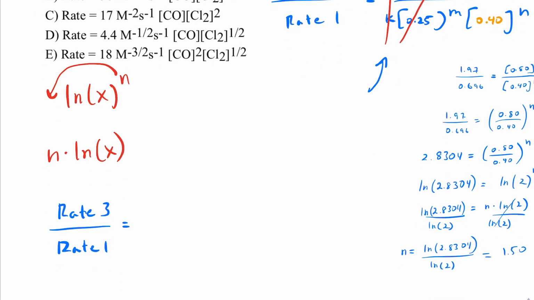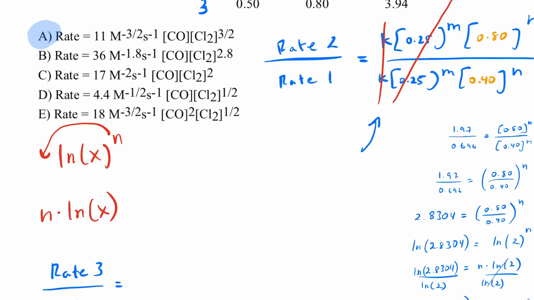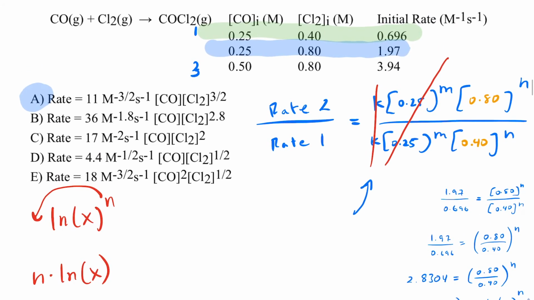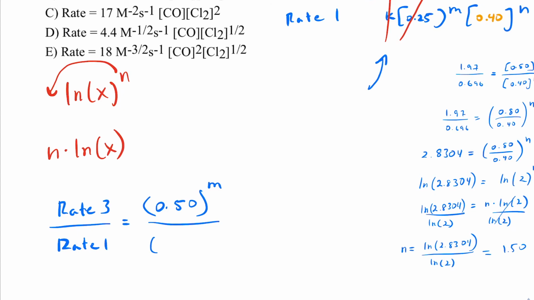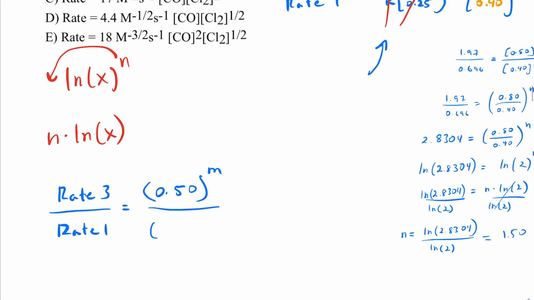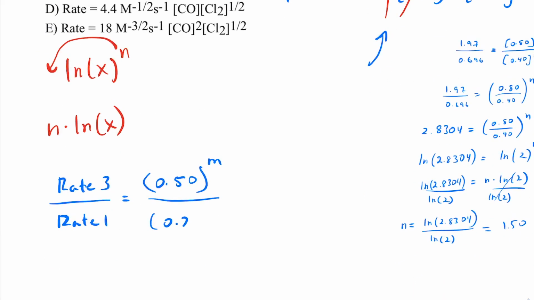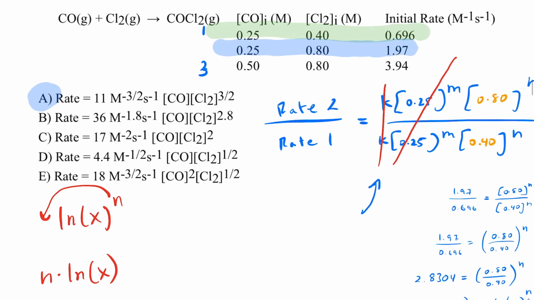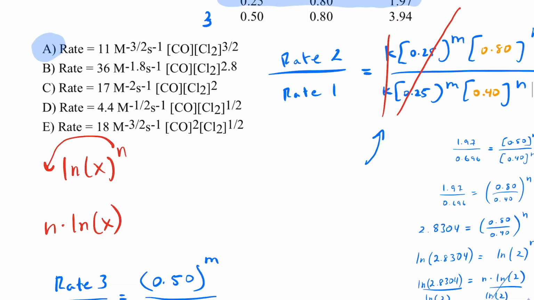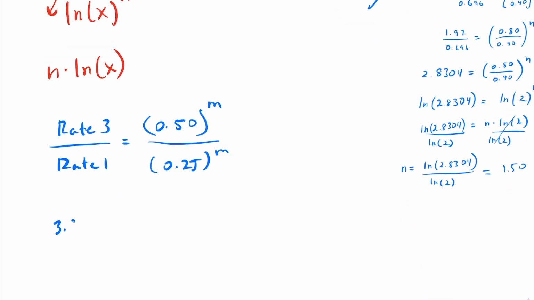So I'm looking at 0.50 to the, we'll call that one m, over 0.225 to the m. Great. And that's going to be rate 3 over rate 1, which happens to be 3.94 over 0.696.